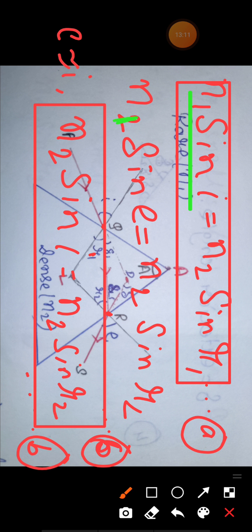So in the left side you have the same n1 sine i1, so you can say that the right side of this equation is equal to the right side of this equation. That means n2 sine r1 is equal to n2 sine r2.